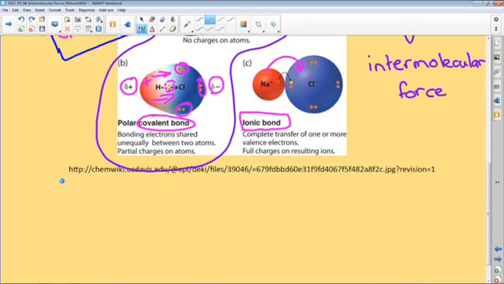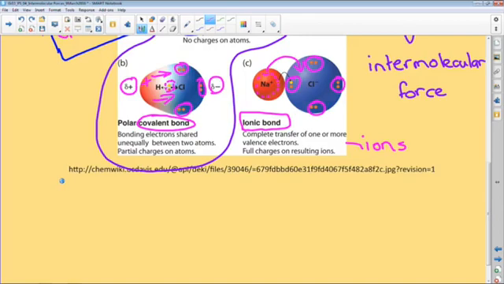So we now have got on one atom a full set of valence electrons, and on the other atom it is completely empty. Okay, so it's lost all of its valence electrons. So hence, it is called an ionic bond because, as you can see here, it's Na plus and Cl minus. It is two ions that are joining together, that are being attracted to each other.